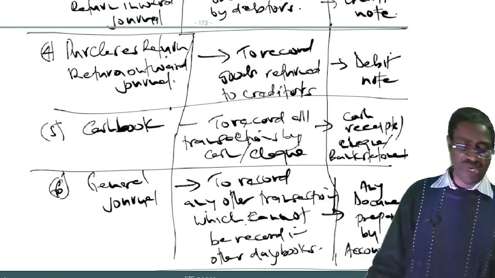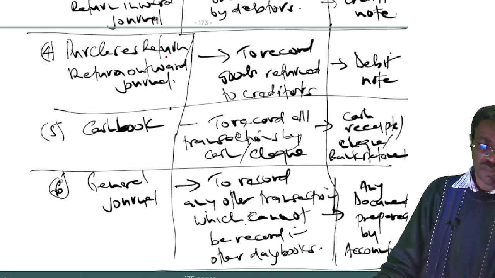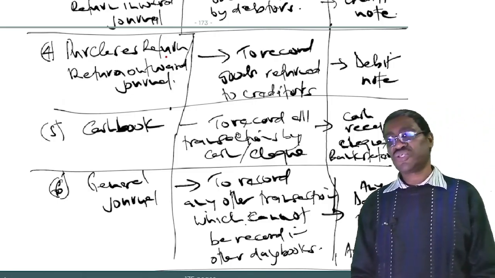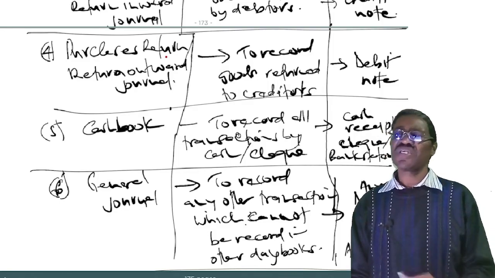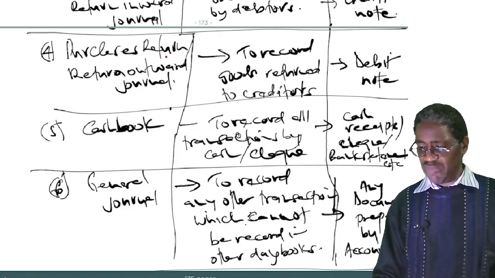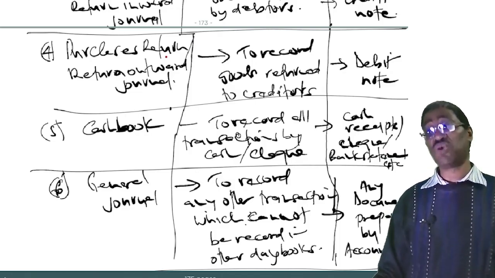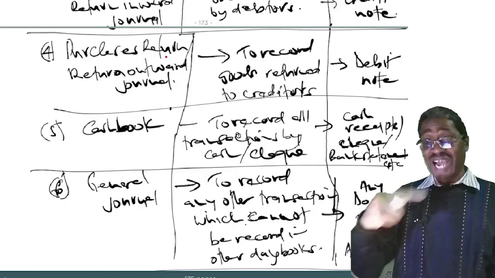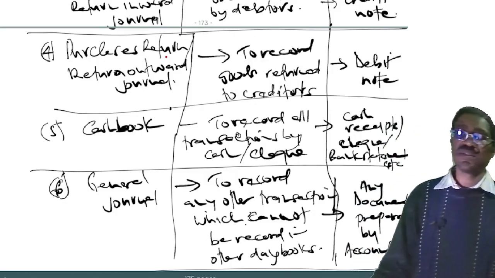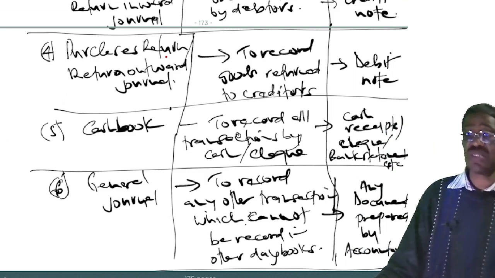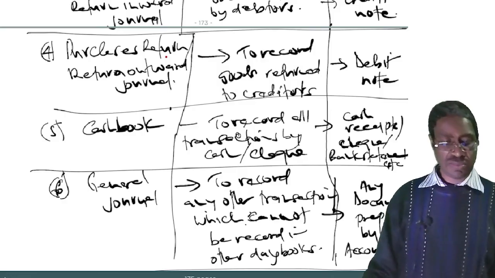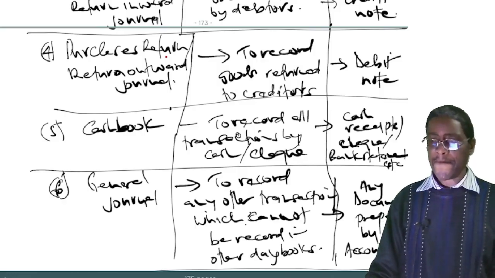The source document is cash receipt, cheque, bank statement, etc. There you can add etc. because it can be many. There could be many other documents that create a cash transaction. So we are saying cash receipts, cheques, bank statement, etc. Good.